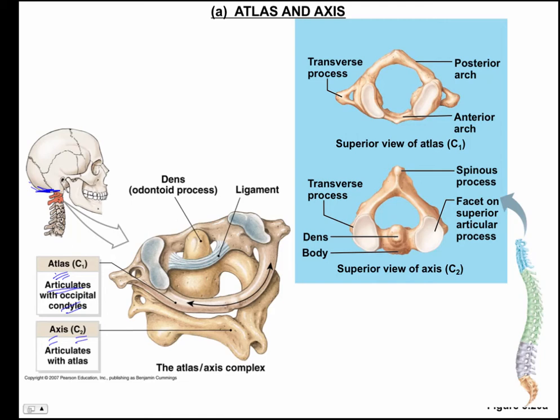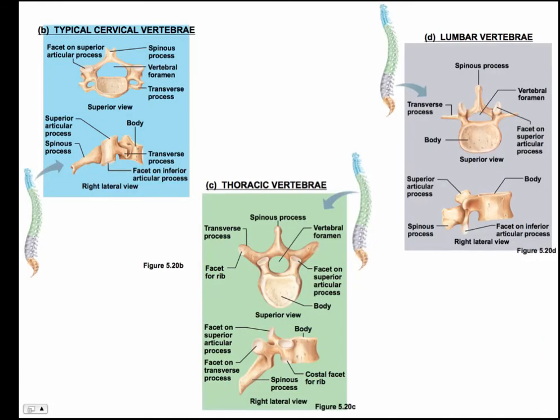And C2 is going to come into contact with our atlas. And so these two go hand in hand in being able to move our head from side to side and then up and down. Now, these are the only two that I would probably quiz you on, and the rest of the structures and shapes you don't need to necessarily know, because you notice that your spinous process is going to differ between the different regions.